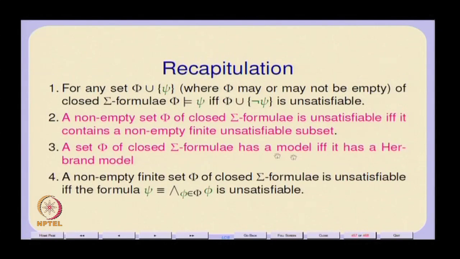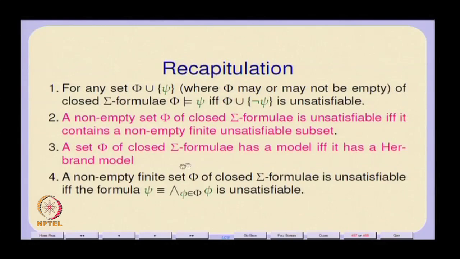So this has a model if and only if it has a Herbrand model, which means if the ground formulae of phi have a Herbrand model. Herbrand's theorem also tells you that we need to deal with only terms in a language. We do not need to go further than that.